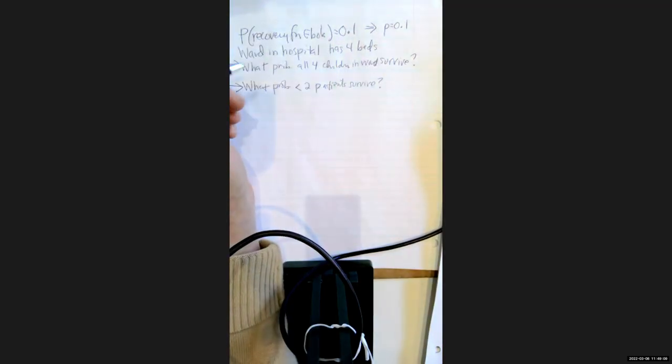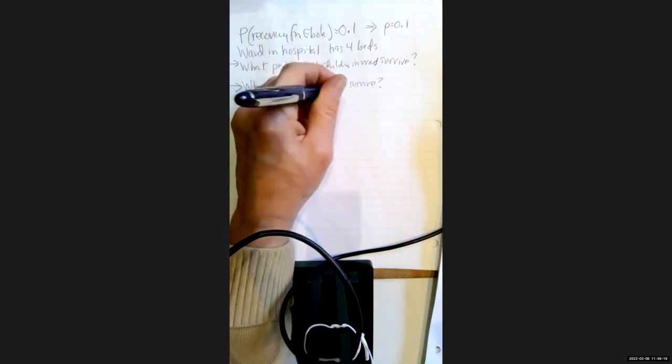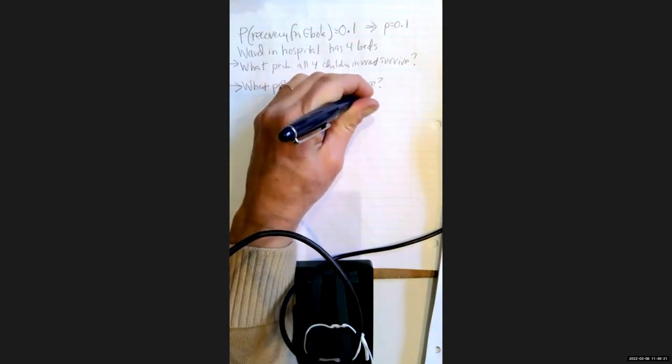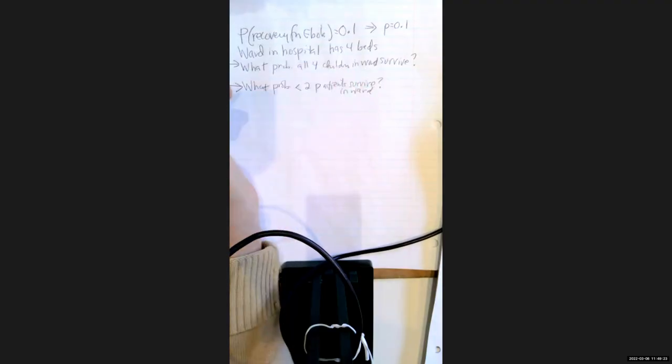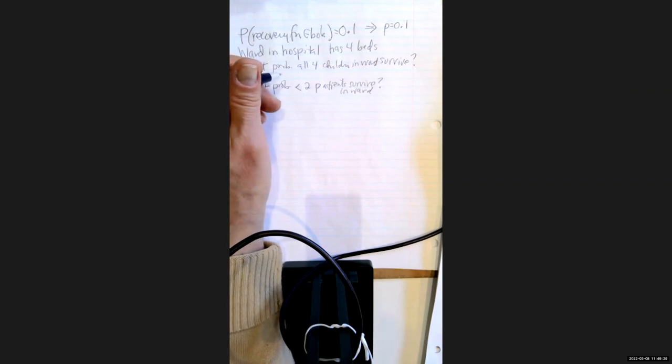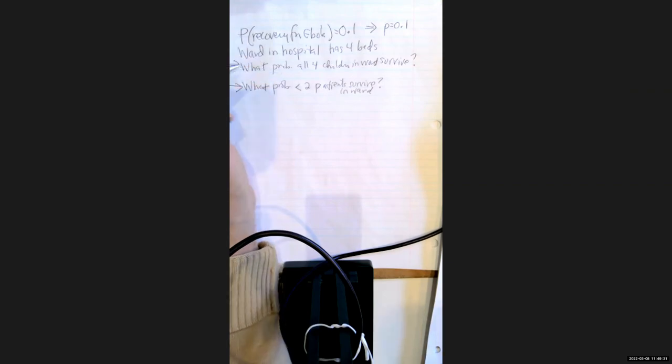Now, in order for us to be in the binomial scenario, we have to have a sample of a set size that's fairly small. And in this case, we're looking at a specific ward, a specific room. It has 4 patients in it. Now, this may seem a little bit contrived, but we might need to know this because of our hospital.